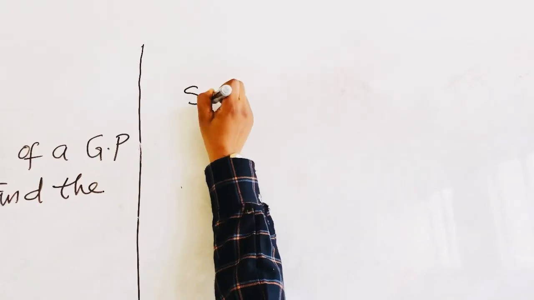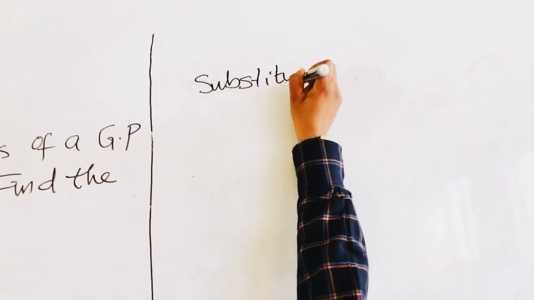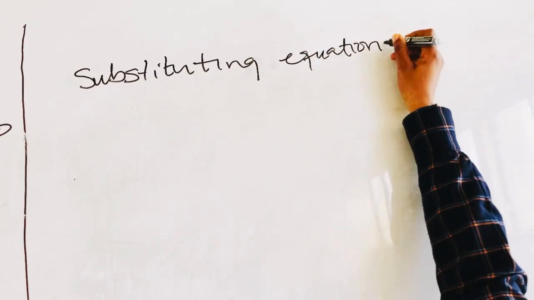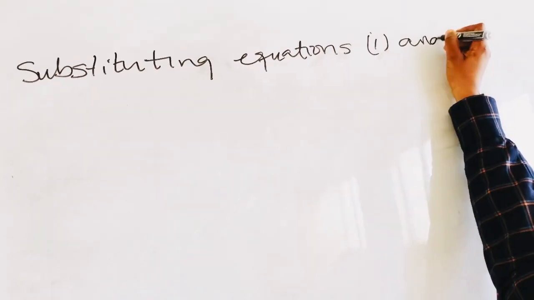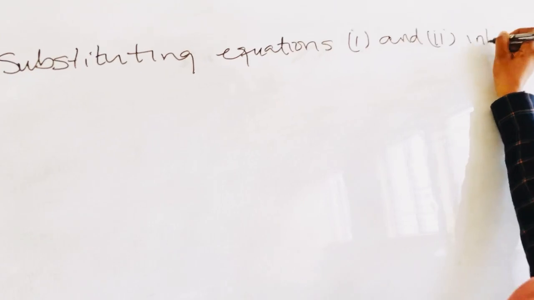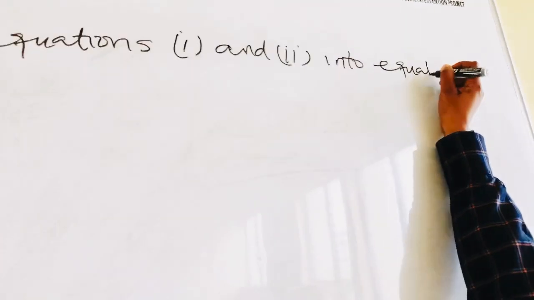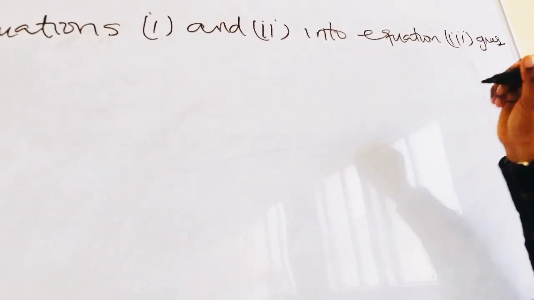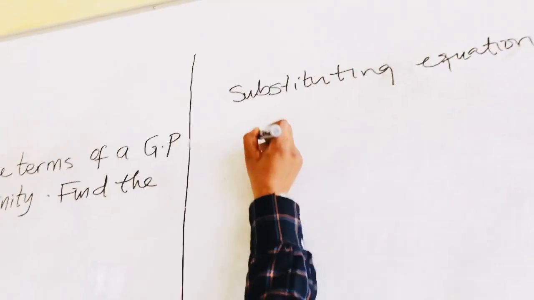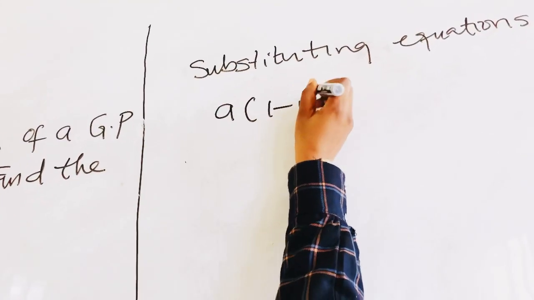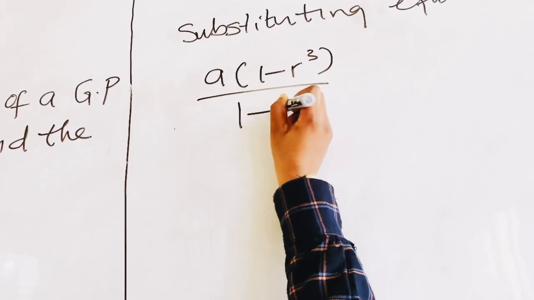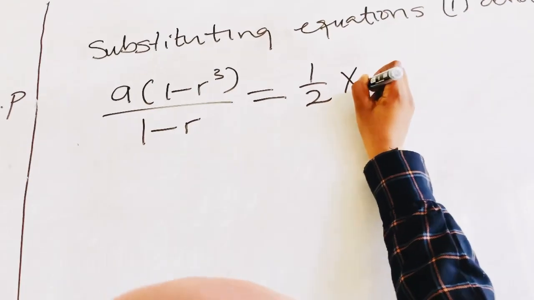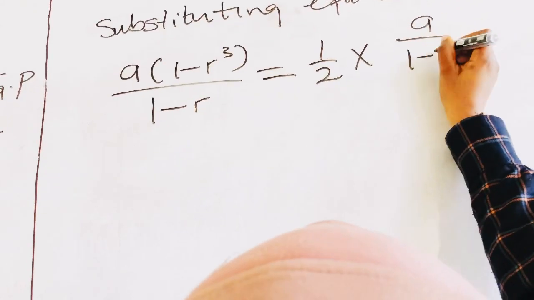gives the following. a into bracket 1 minus r cubed over 1 minus r is equal to 1 over 2 multiplied by a over 1 minus r.